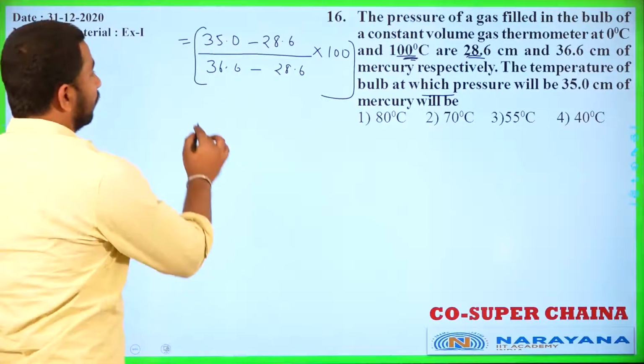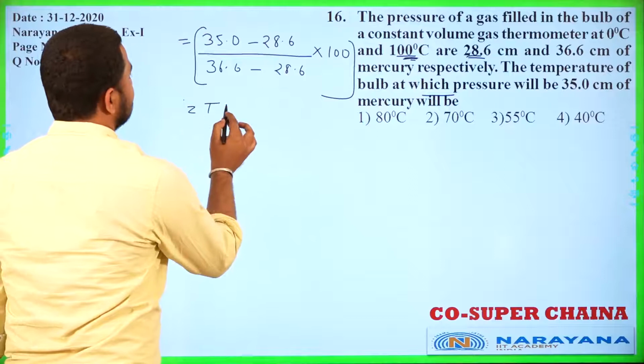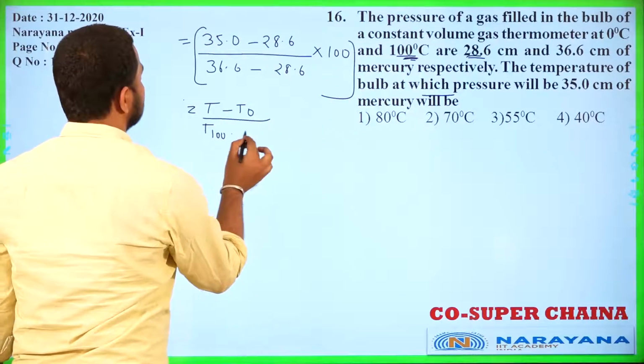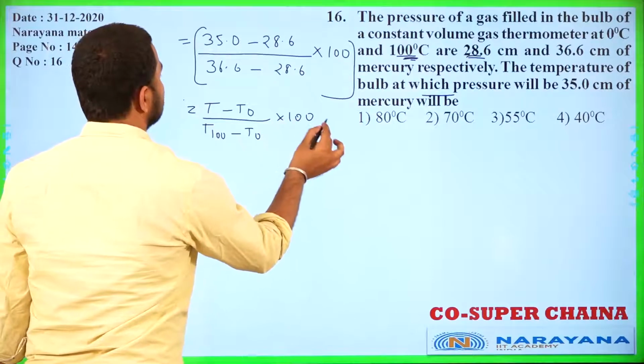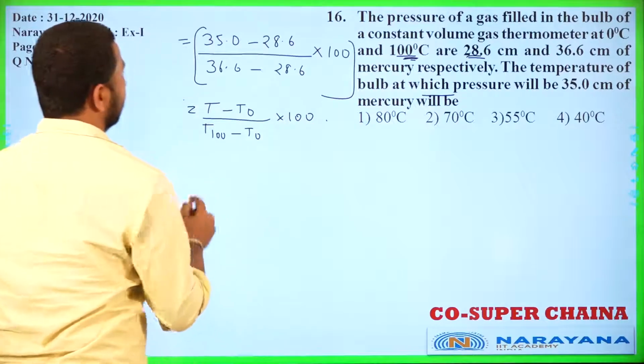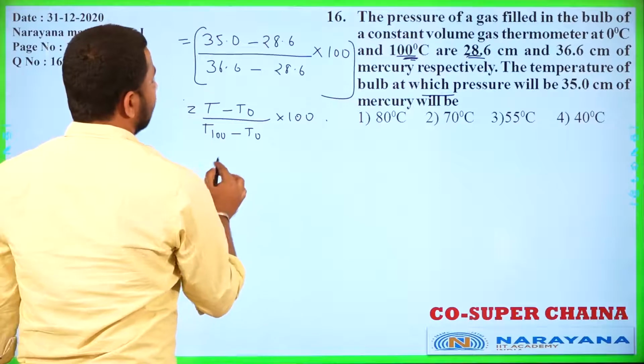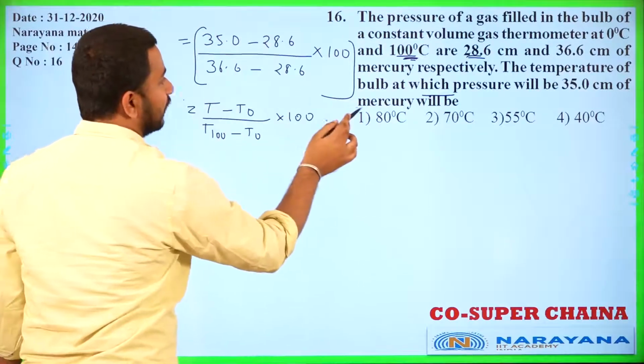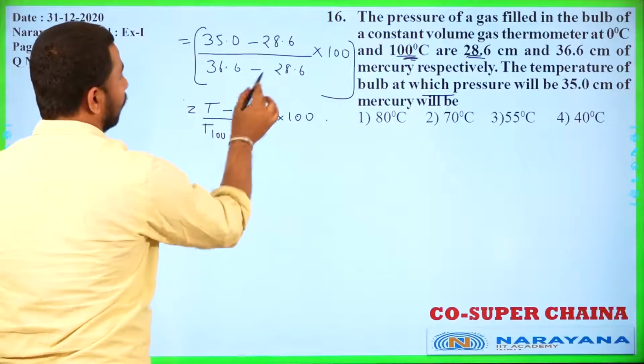What we have done is the temperature at this minus T naught by the temperature at 100 minus T naught into 100. Already we have discussed the same type of question, right? So just simplify this value, you will get the temperature of the bulb at this pressure.